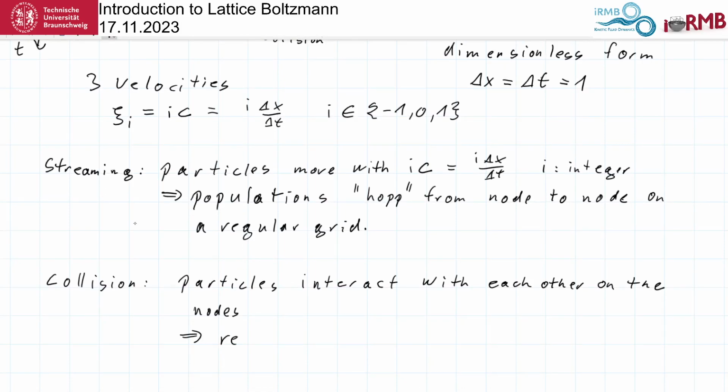This is a rearrangement of the populations under conservation laws, so we have to respect the conservation laws.